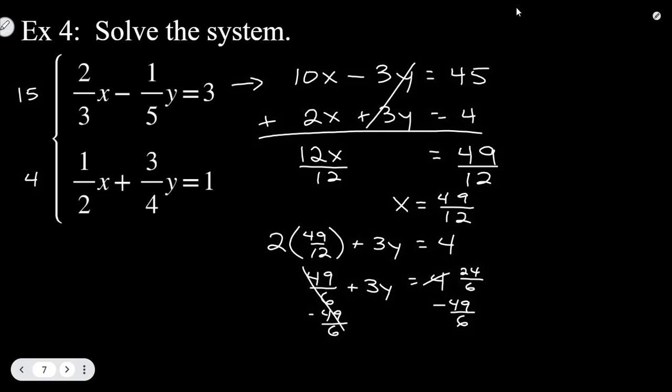So 24 over 6 and a negative 49 over 6, we combine those, we get 3y equals negative 25 over 6. Divide by 3. Okay, so this is 4 over 1, right? So to get a common denominator, we need a denominator of 6. We have to multiply top and bottom by 6. You can just use a calculator too if you want.